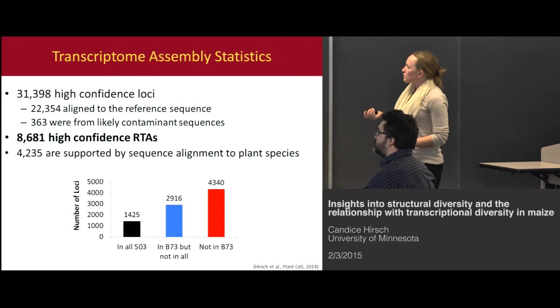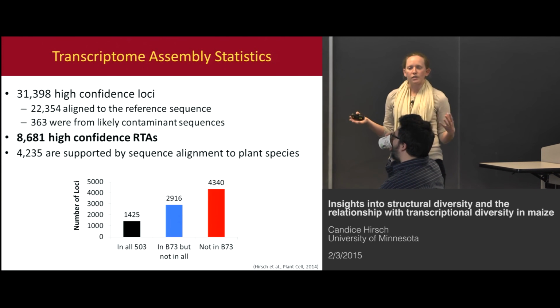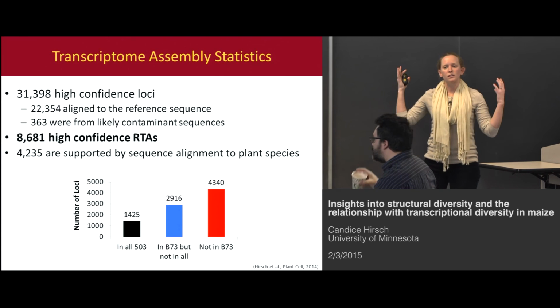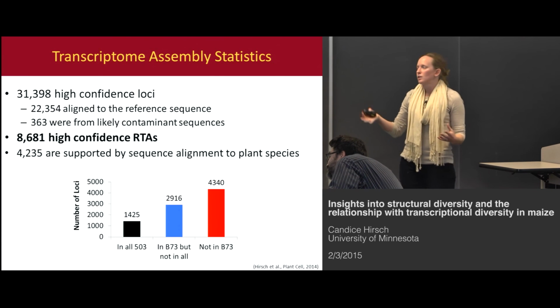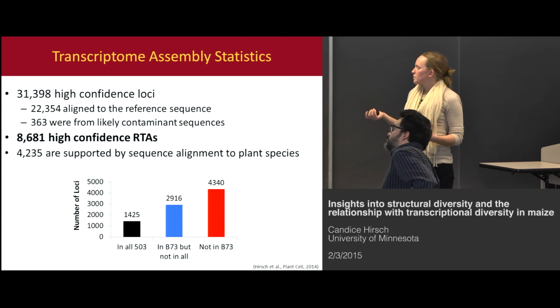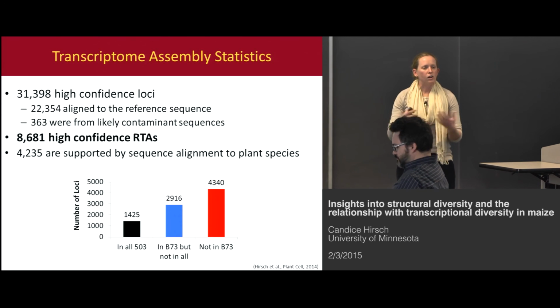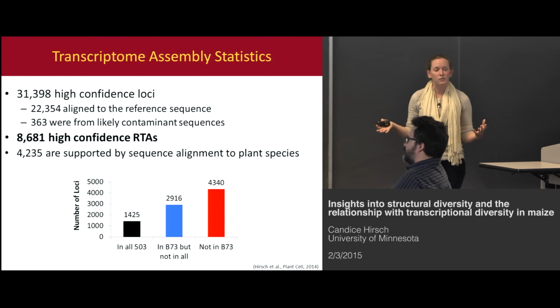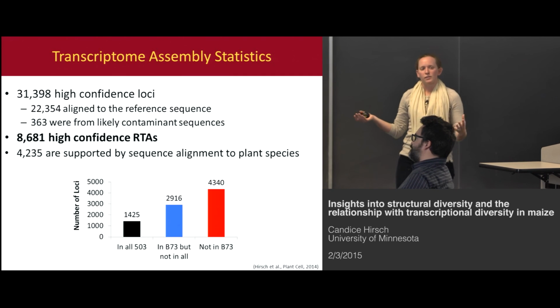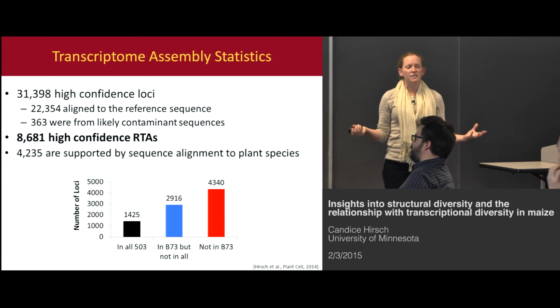And then we asked, what is the distribution of these across our individuals? If we take all of our RNA-seq reads and map them back to these individual contigs, what do we see? For about 1,400 of them, we found them in all 503 lines, which includes B73. So it turns out that the B73 reference assembly isn't quite 100% complete.